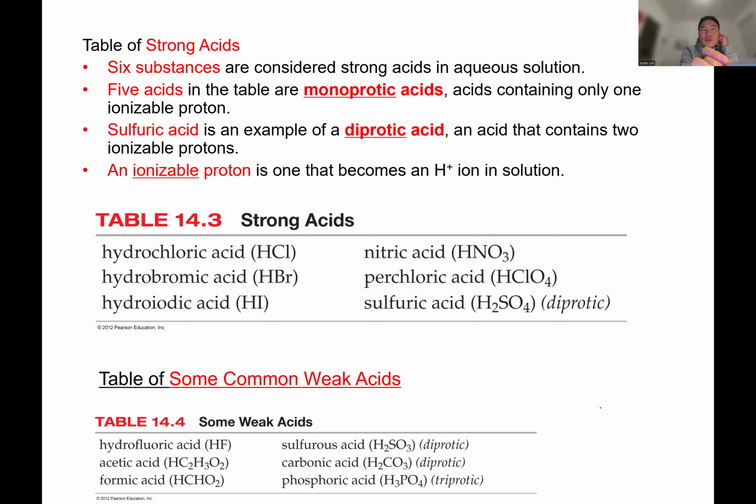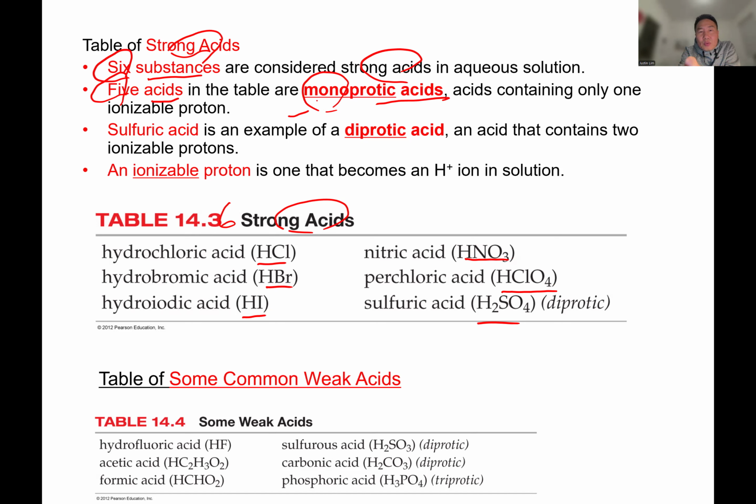Let's see the table of strong acids. There are 6 strong acids. Okay, hydrochloric acid, hydrobromic acid, hydroiodic acid, nitric acid, perchloric acid, sulfuric acid. So 6 substances are considered strong acids in aqueous solution. 5 acids in the table are monoprotic acids. What does mono mean?